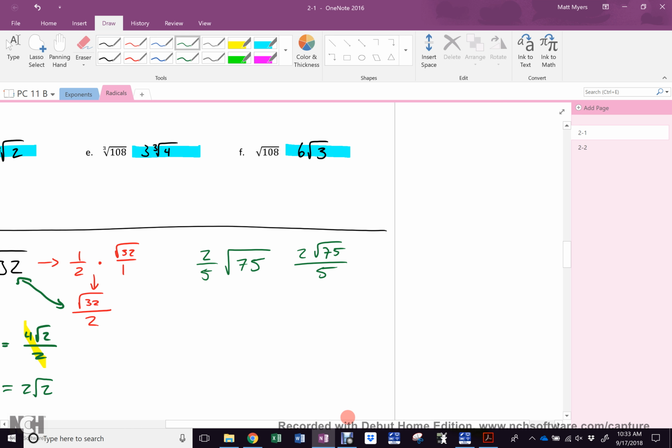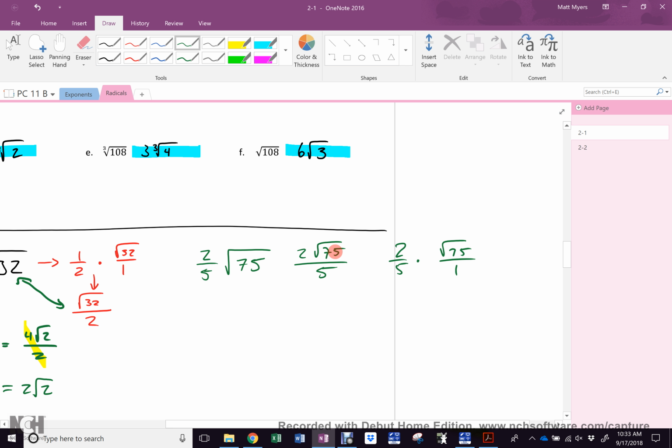So I could have gone here: 2/5 times root 75 over 1. Then I get 2 times root 75 right there over 5 times 1, 5. Now, when I simplify this root 75, I only have a whole number out in front, not a fraction, because a great many of you screw up multiplying whole numbers by fractions.